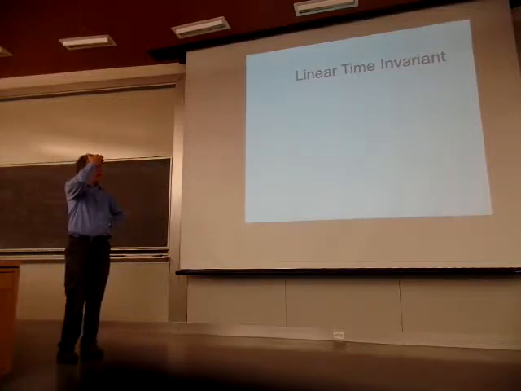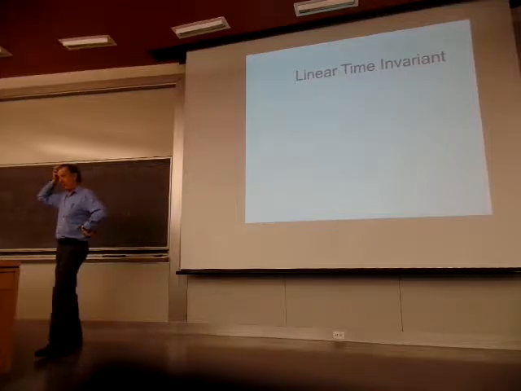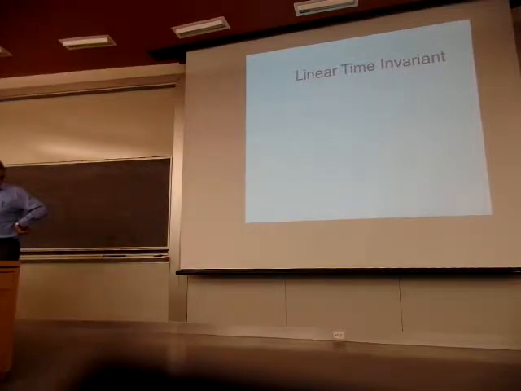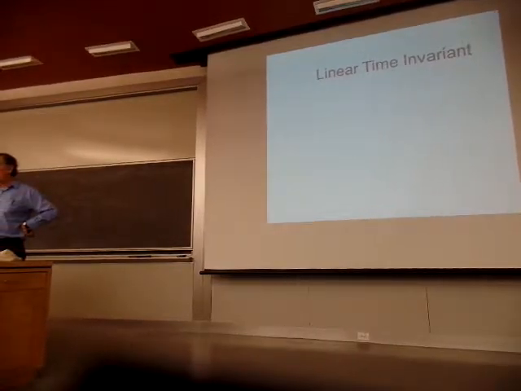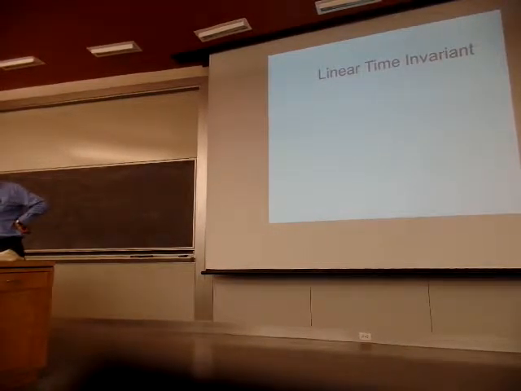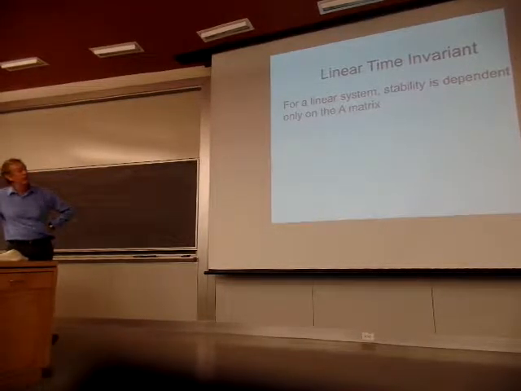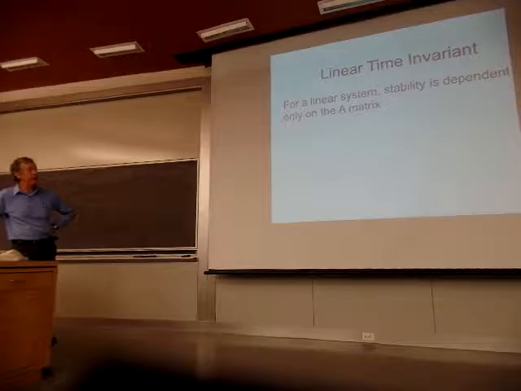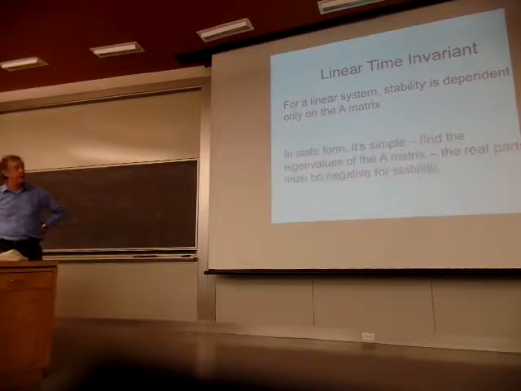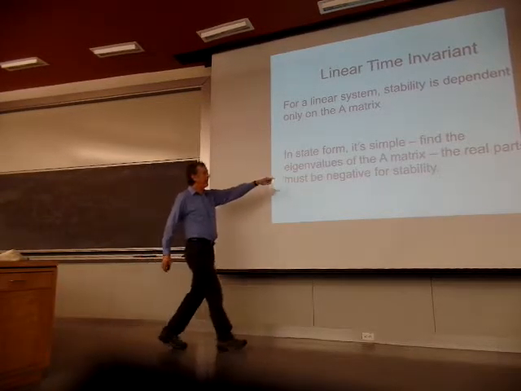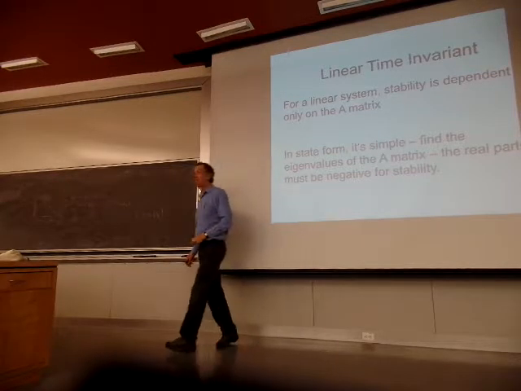Let's look at the case for a linear time invariant system, which is mostly what we'll talk about in this class. Linear differential equations, nothing changing over time. If I have all numbers, it's pretty trivial. I just look at the A matrix, which is basically the differential equation for the system, and all I have to do is make sure that the eigenvalues of the A matrix have negative real parts.